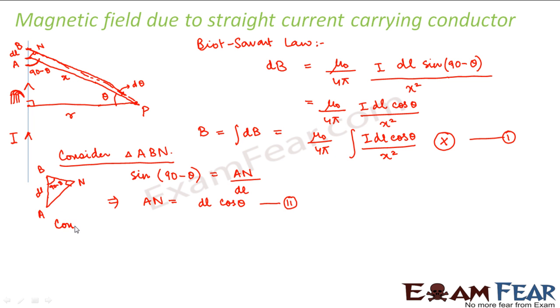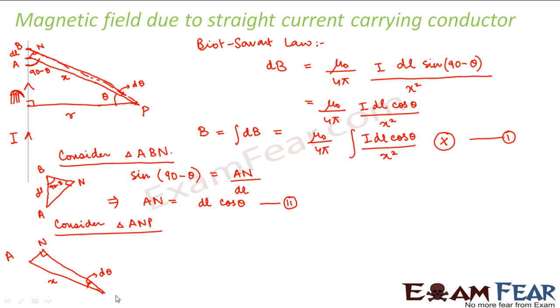Now let us consider triangle ANP. Draw it again so that your life becomes simple. In this case, what is this angle? This angle is d theta, and this is x, this is 90 degrees.